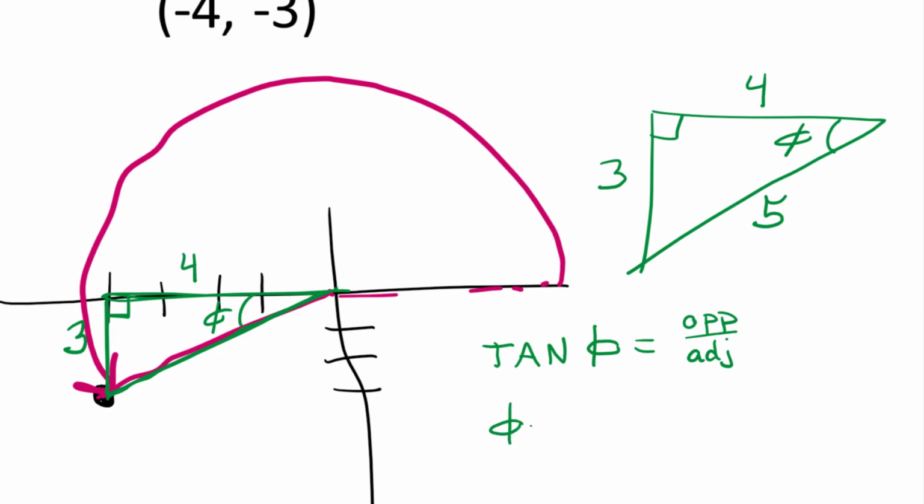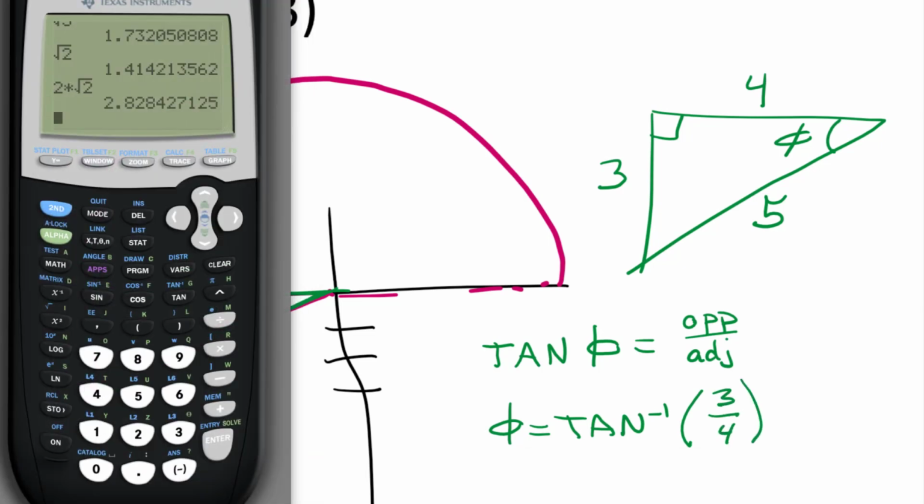So I know that phi is the arctangent of, opposite was 3, adjacent was 4. So arctangent, I knew I'd have to do this eventually, of 3 divided by 4, 36.9-ish? Yeah, okay. So phi equals 36.9.